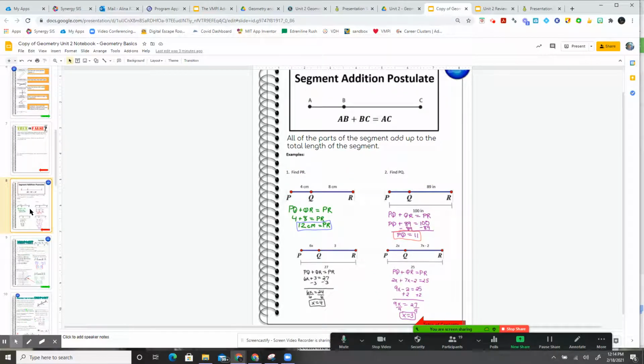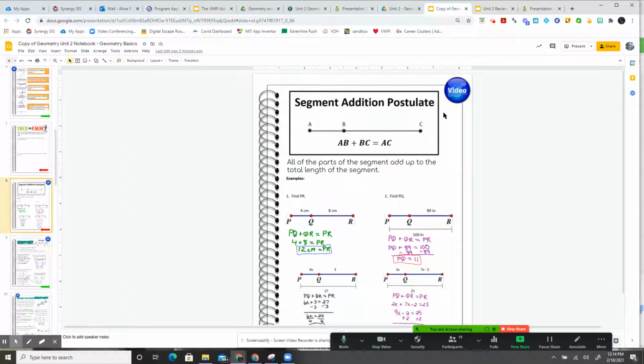On slide 8, the segment addition postulate also has a video. So if in those purple warm-up slides, you were still a little bit confused because we went from a very easy example to kind of a medium example to kind of a tough example, please watch this video. It'll go through all of these examples one at a time, okay? But basically what I want you to see here is this part, AB, plus this part, BC, equals the total of the entire thing.